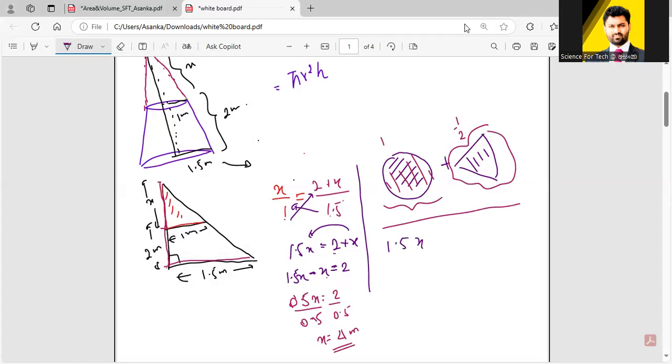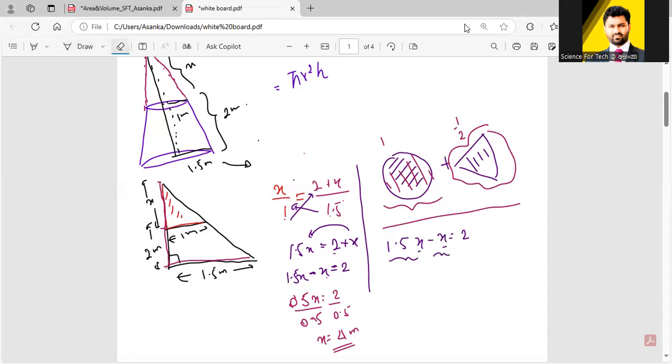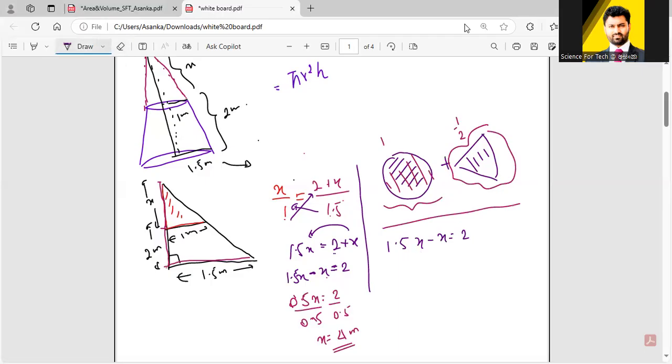1.5x minus x equals 2. Now you can see this x is common on both terms, no? So what we can do? I can factorize. I will write 1.5 minus 1 within brackets, take x outside, and make it equal to 2.